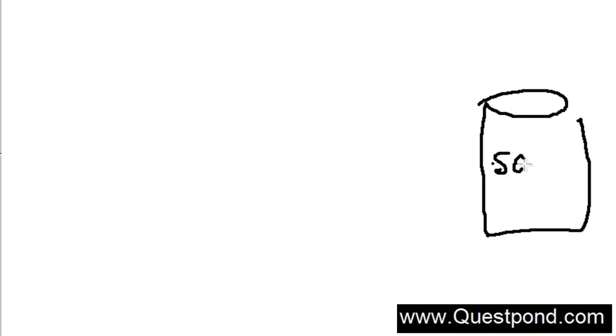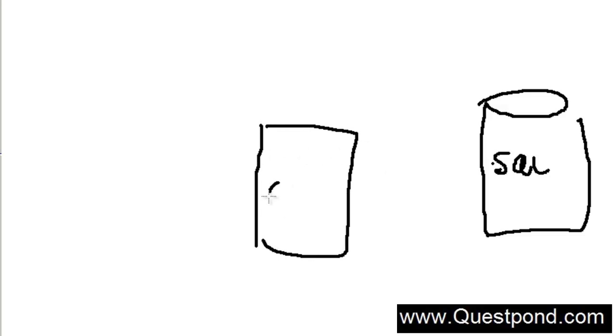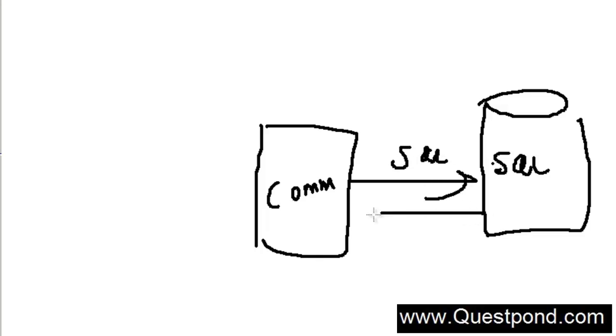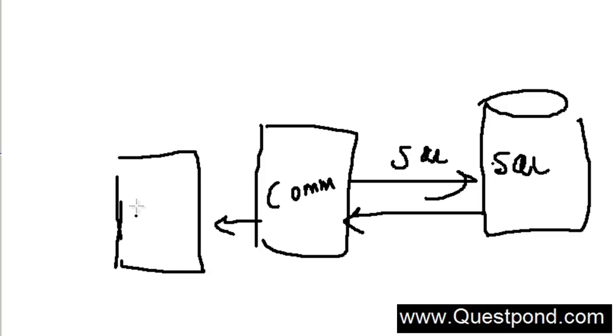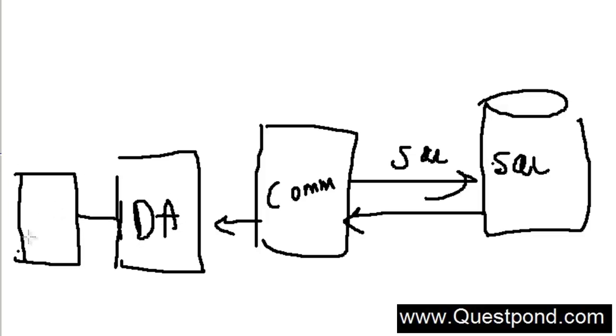Just to make you understand visually what code we have just written: you have your SQL Server here which has your database and tables. You have a command object here, and this command object fires SQL to SQL Server. When the SQL Server returns rows and columns, this command object passes them to your data adapter, and the data adapter goes and fills your data set.